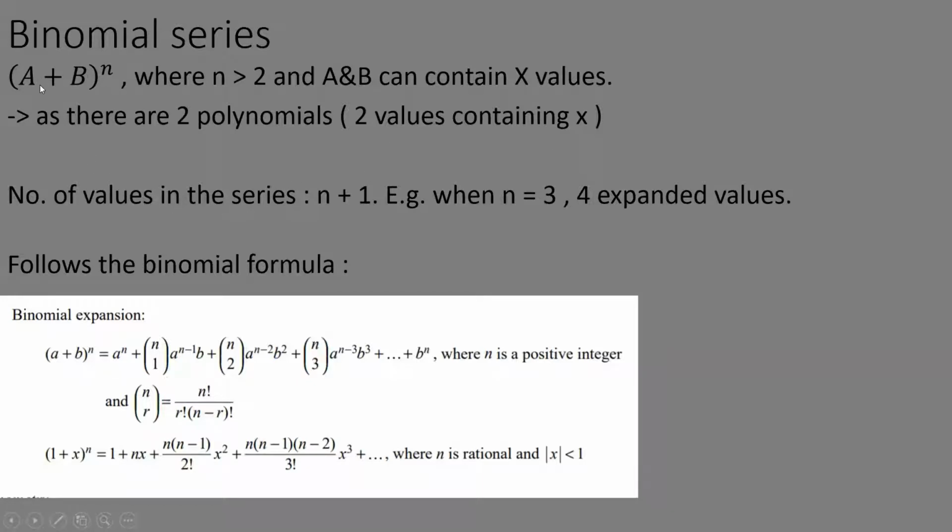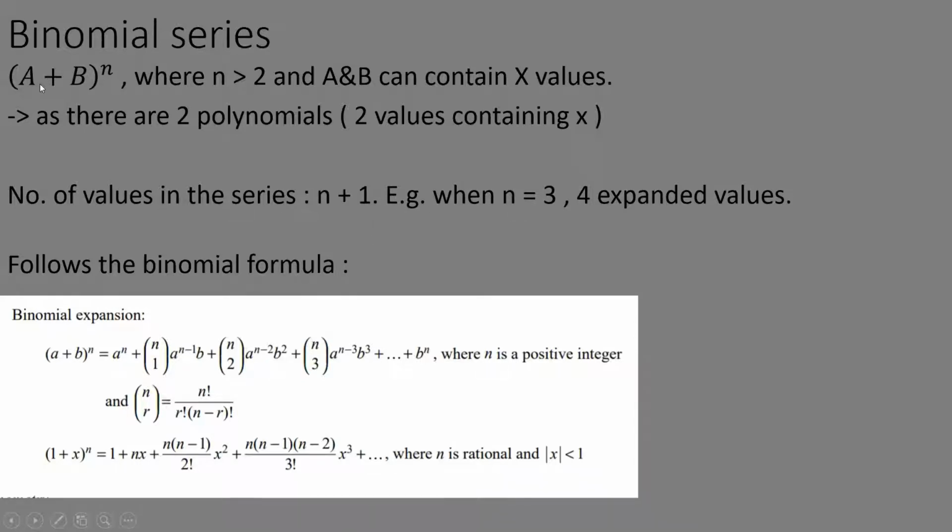For example, when you expand (a plus b) raised to the power 2, you get a squared plus 2ab plus b squared. Because n is equal to 2, n plus 1 gives you 3. So when you expand anything raised to the power n, the number of values in the series is n plus 1.